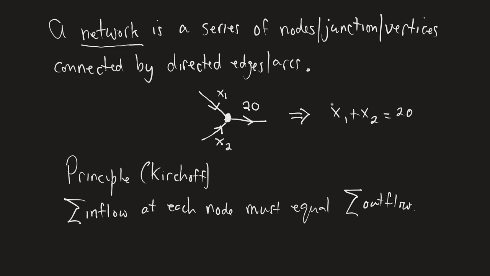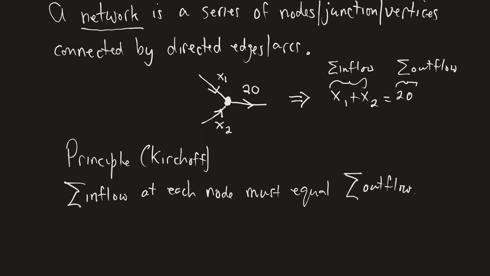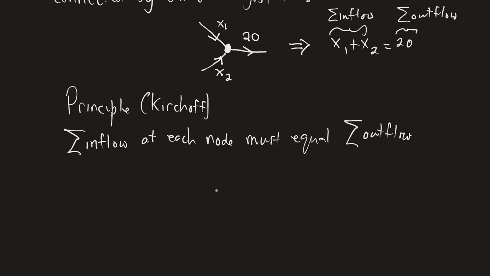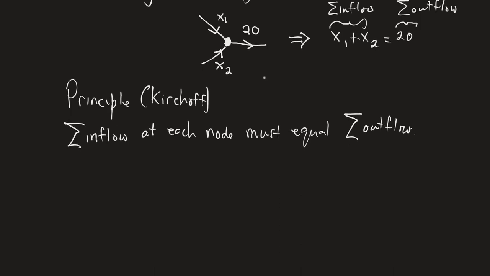This is the sum of the inflow, and this is the sum of the outflow, and they have to be equal because of this principle. All right, and that's it. It's a really simple idea, but it's amazing how many things you can boil down to a network like this and then apply this principle.